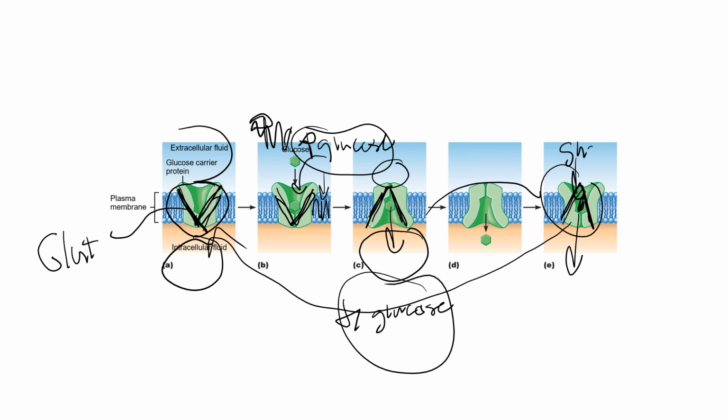They're very different. We are going to talk quite a bit about what's called the GLUT4 pathway related to insulin. And you're going to see a lot of facilitated diffusion.